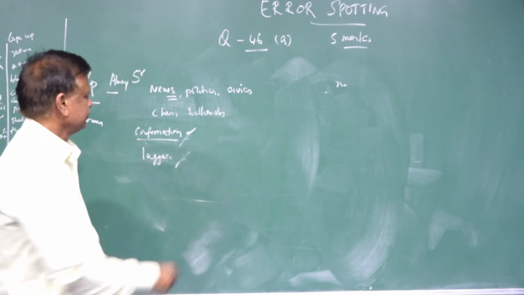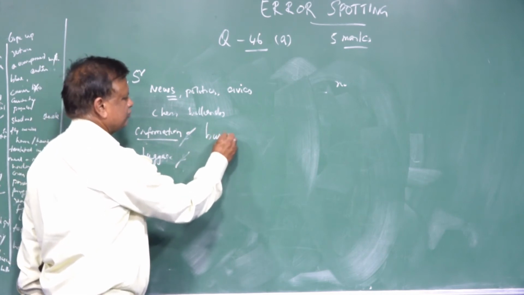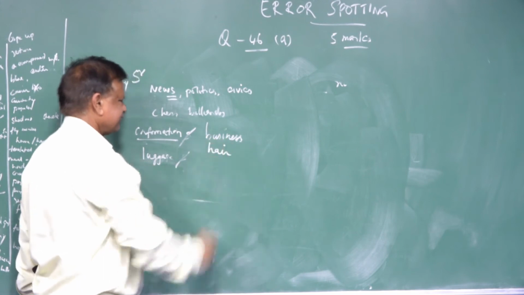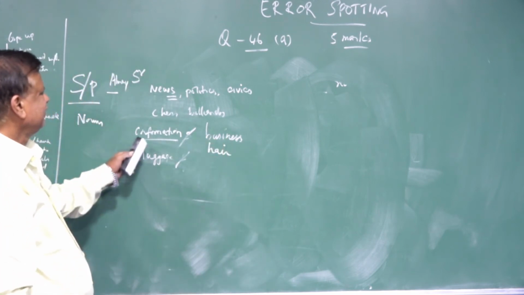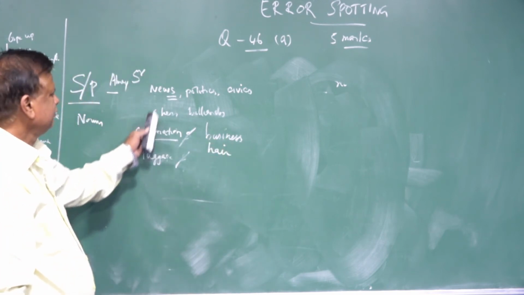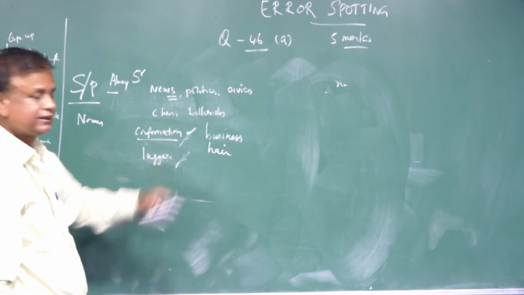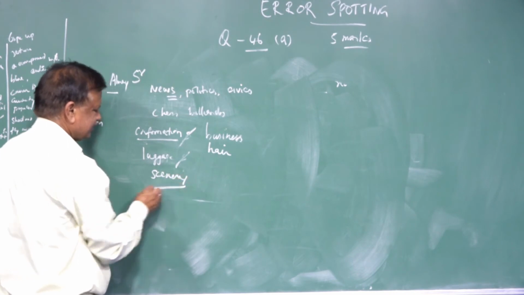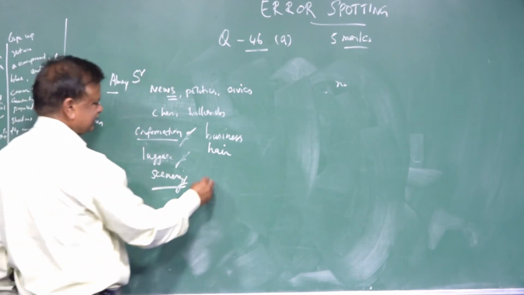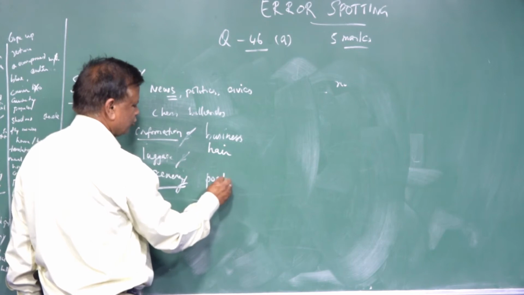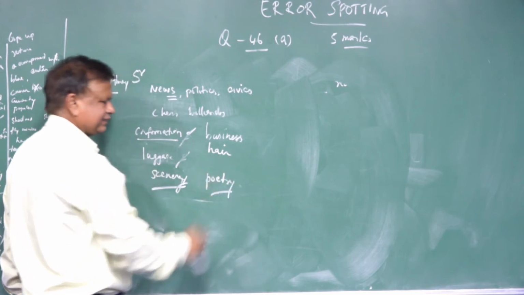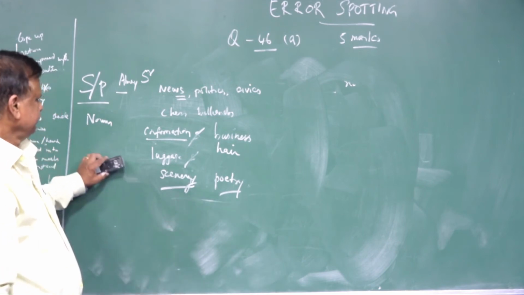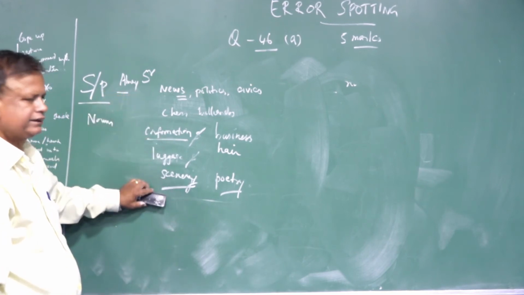Similarly, I can use the word business, no businesses, business, hair, machinery, luggage, baggage. All these things are used in the singular. And there are certain things like scenery. I cannot say sceneries. Similarly, I cannot say poetries. Poetry is poetry. So this is always singular.